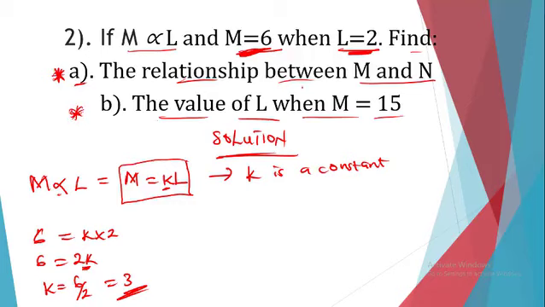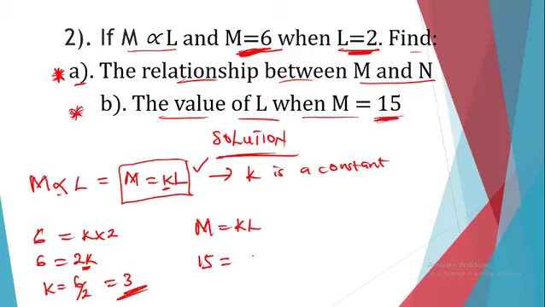Number 1 said we should find the relationship that exists between M and L. This is the relationship, like I said earlier. And then number 2, they said we should find the value of L when M is equal to 15. Remember our formula, M is equal to KL, and M here is 15.